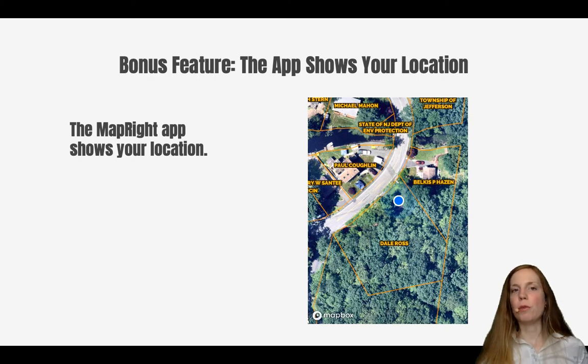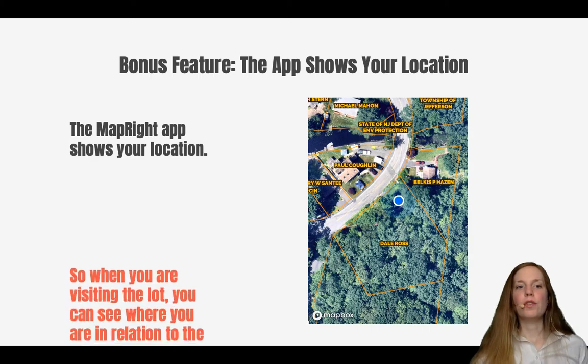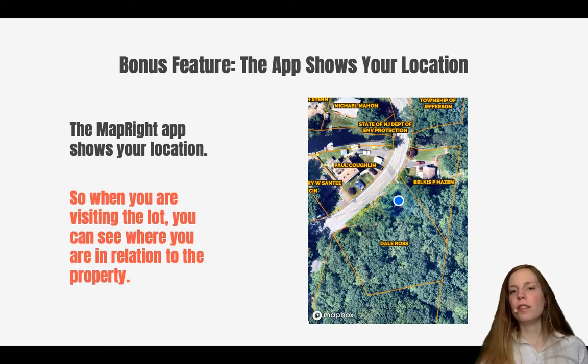I did want to throw out one bonus feature though. This is another really great one. And that is that when you open MapRight on your phone, or you open the app, you can see your location in MapRight. So what that means is if you go to visit a lot, you can pull up the lot and then you can see where you are in relation to the lot. So say you're having some trouble finding it, that can help you find it.